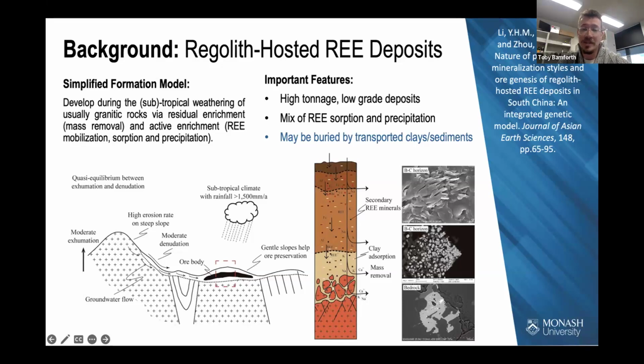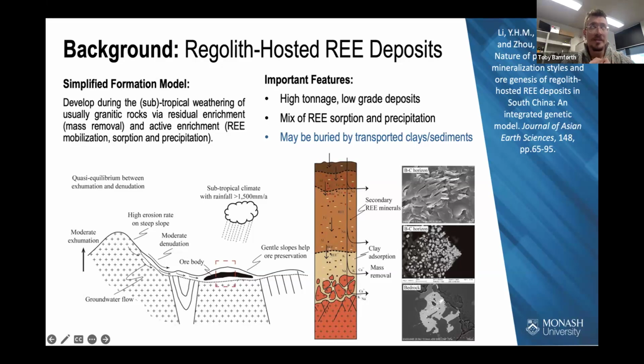Another key feature, as I was saying before, is that you get a mix of immobilization and therefore accumulation mechanisms for the rare earths. They can either be sorbed onto clay minerals or they can precipitate as dedicated secondary rare earth element phases, with both obviously having their own implications for extraction and metallurgy and identification of the deposit.